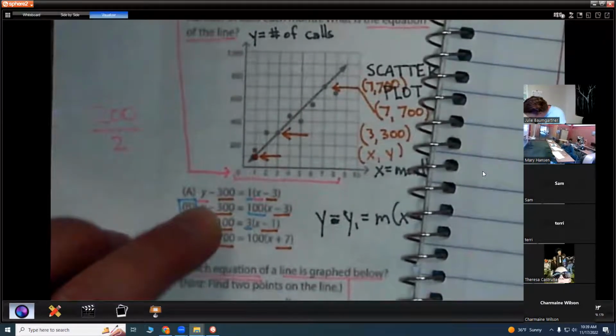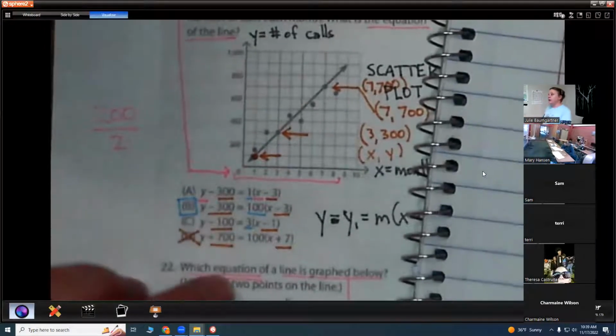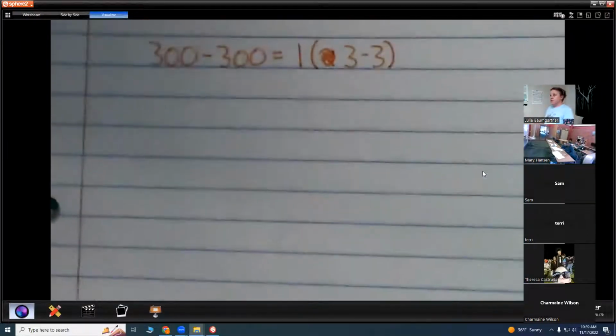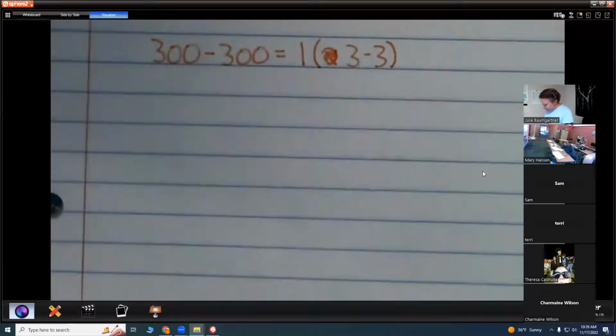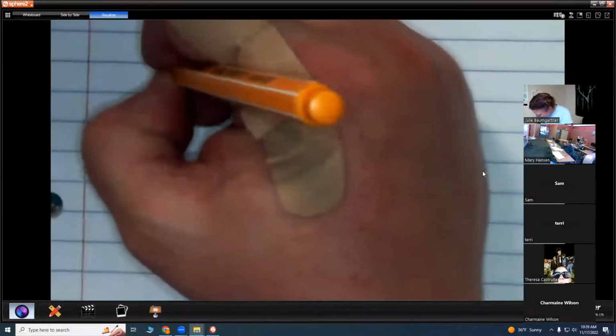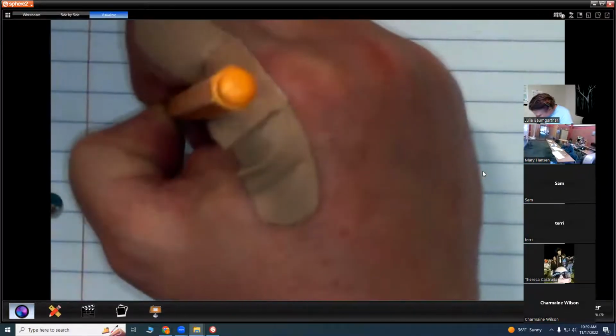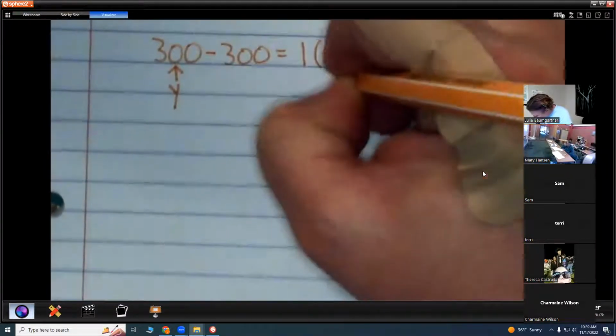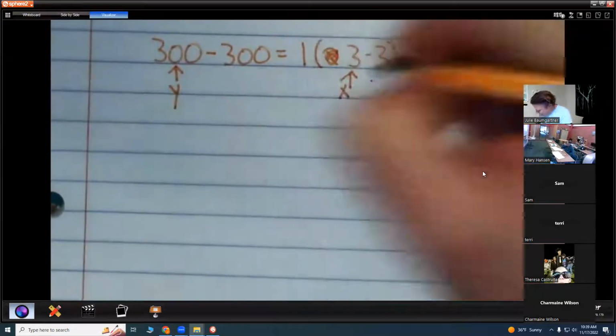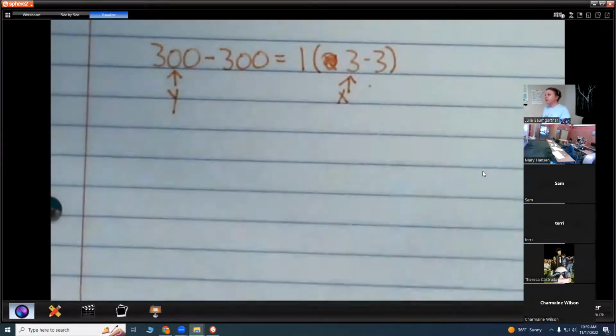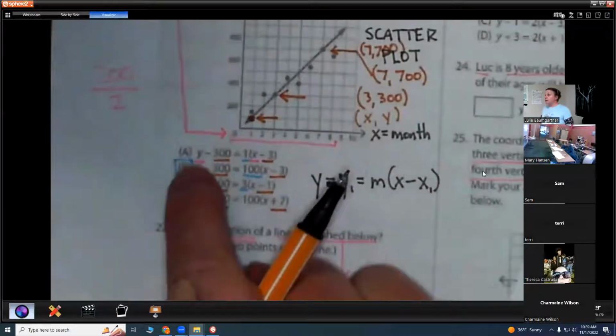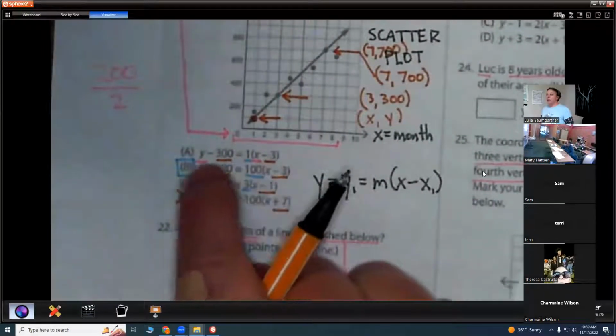And then for my X, I'm going to put a 3. So here's my Y value and here's my X value. I substituted 300 and 3 for Y and X in the equation.